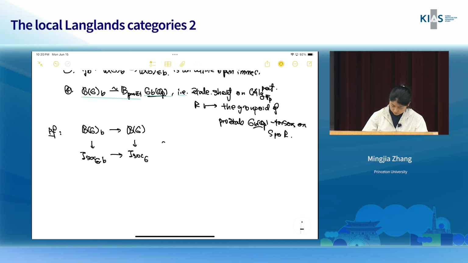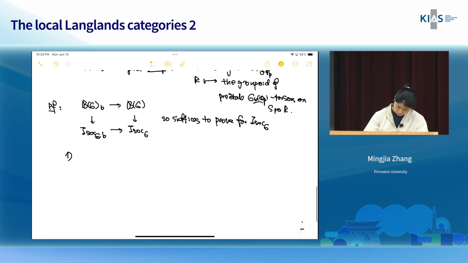And so all the statements stated here, you just have to prove for Isoc.